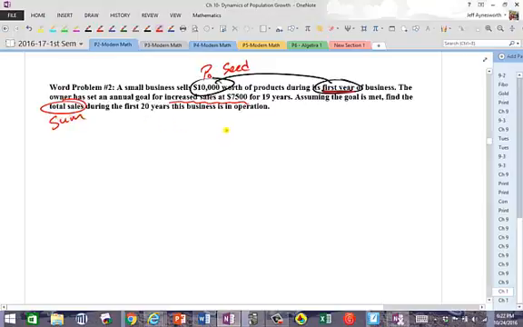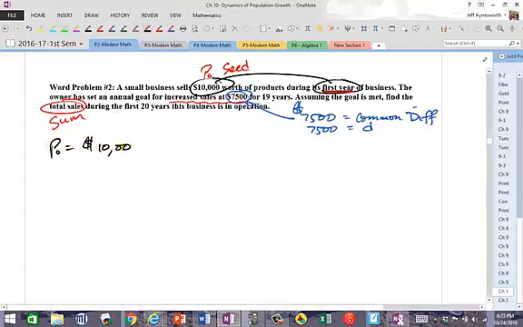So we want to increase sales by $7,500. If you're going to increase it $7,500 each year, $7,500 is equal to the common difference. It's called d. So d is 7,500. You're going to add that each year, starting at $10,000. So you start off with p sub 0 is $10,000.